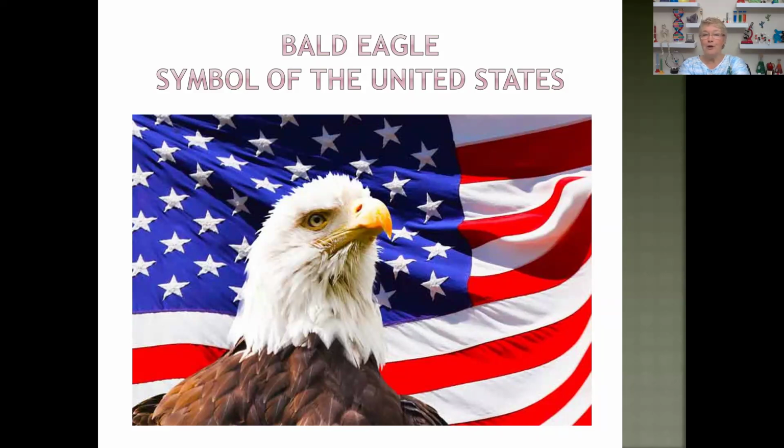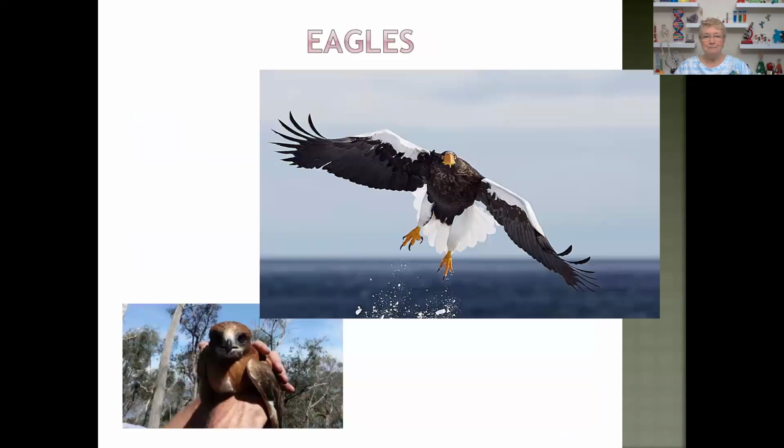He called it a bird of bad moral character and a rank coward because it tended to steal prey from other birds. And he didn't think that was an acceptable symbol for the new country. Now, he wasn't the only one who was opposed to the eagle, but once they finally accepted it as the national symbol, everybody stopped arguing, and it became common. Now that's what we picture.